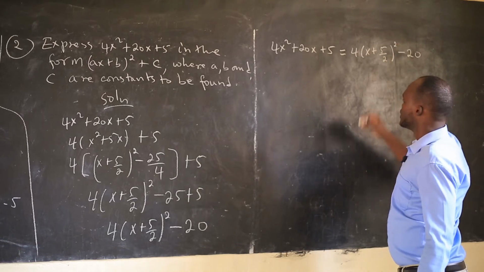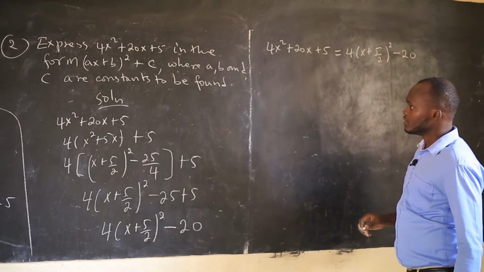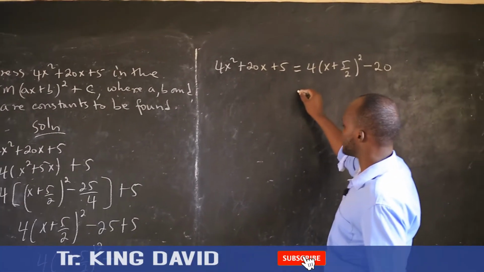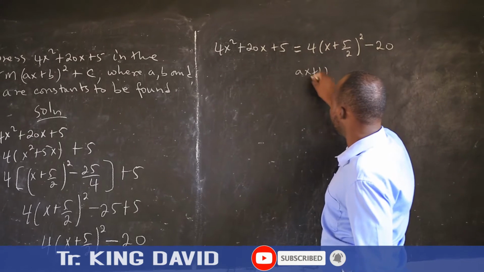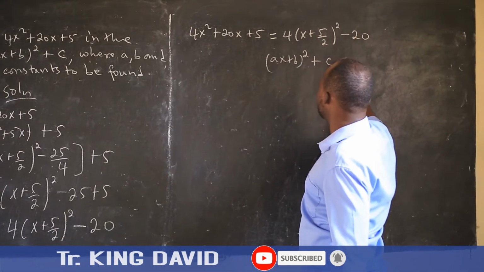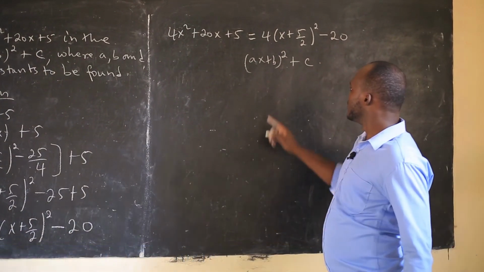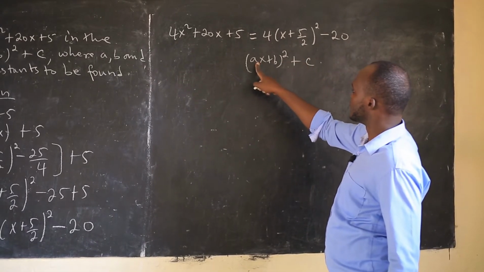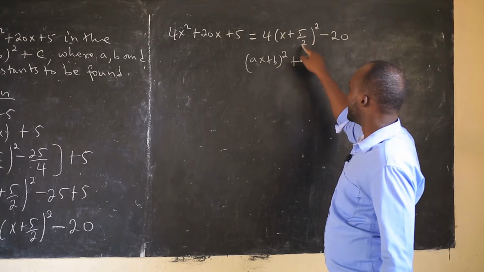So when you compare with (ax plus b) squared plus c, you see we need to do something here. We need to make sure that the coefficient of x here is not 1. You see we have a.